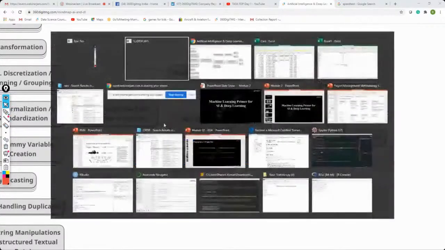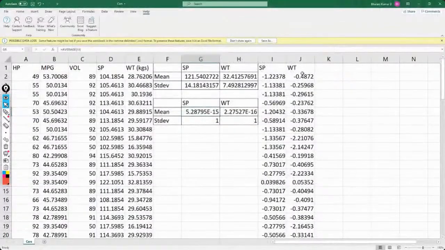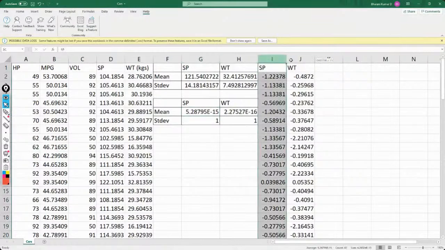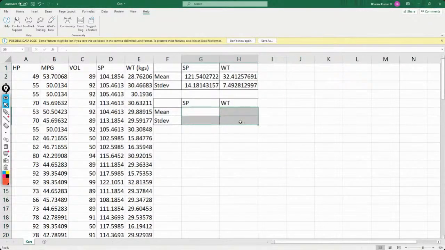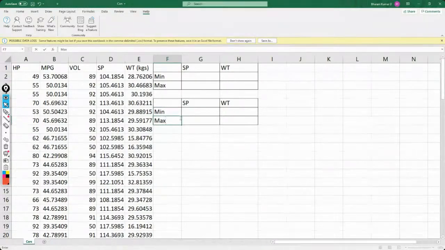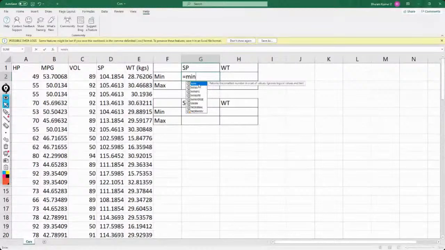Let's try out this also. I will remove these two columns, and of course we will remove these. Then instead of these, I'm going to make it minimum and maximum. If you go to any column, you can calculate the minimum value of that. So I'll calculate the minimum value of top speed.